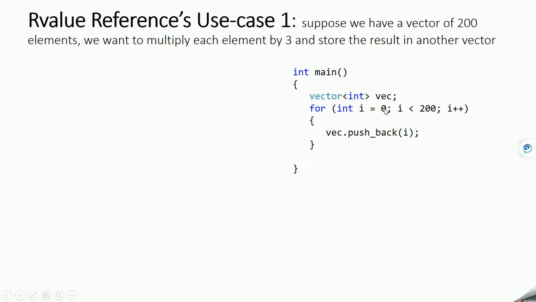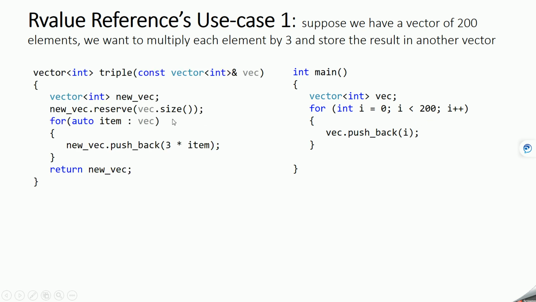This code will create a vector and add 200 elements to that vector, and this is a function that will take this vector and create a new vector of the same size, and then multiply each element by 3 and add it into this newly created vector. So when you write a statement like this, this triple function will be passed this vector.